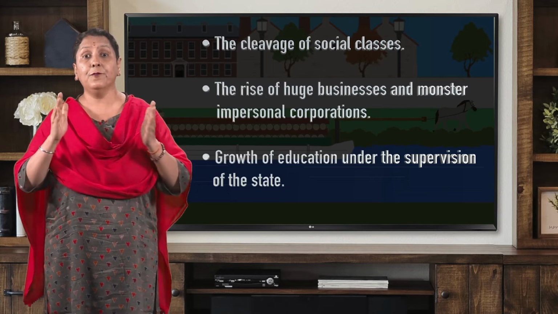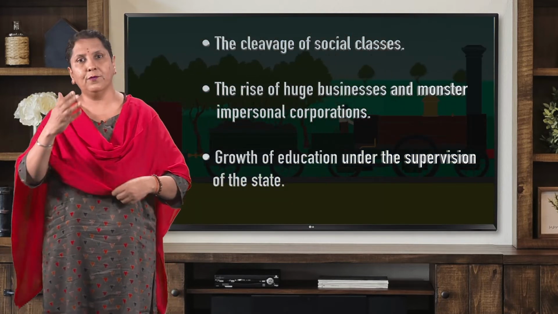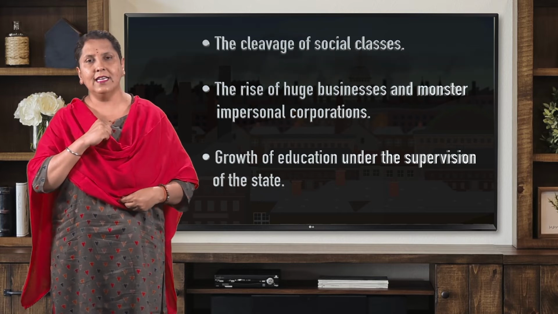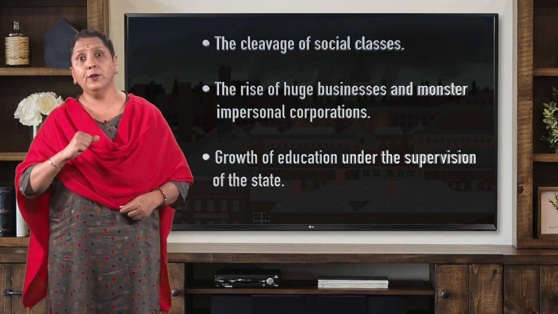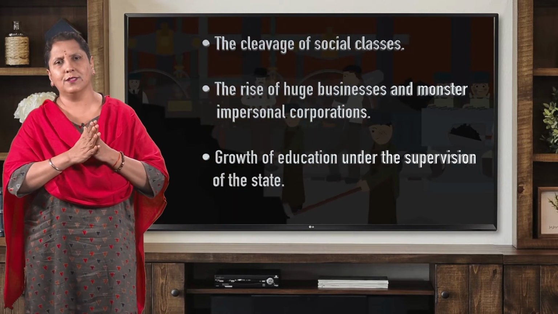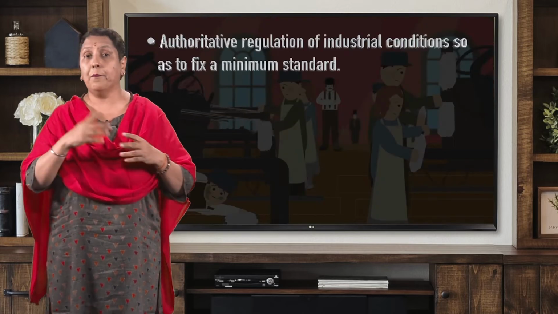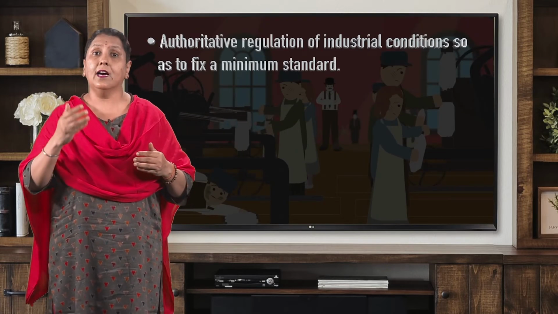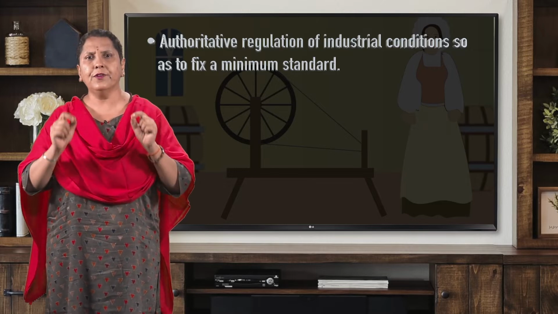The cleavage of social classes: upper class, middle class, lower class, and if you go by Karl Marx's analysis, bourgeoisie and proletariat. The rise of huge businesses and monster impersonal corporations. Growth of education under supervision of the state. Apart from this, we also see authoritative regulation of industrial conditions so as to fix a minimum standard.